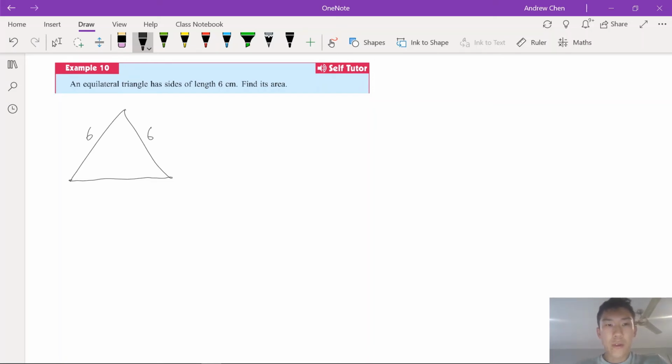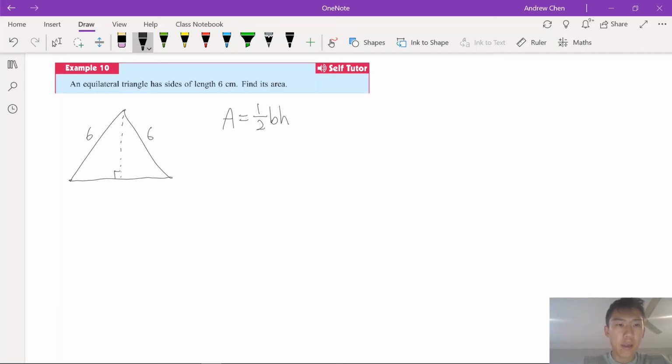If we want to find its area, the formula for a triangle is area equals half base times height. So we need the base, which we know is 6, but we also need the perpendicular height.